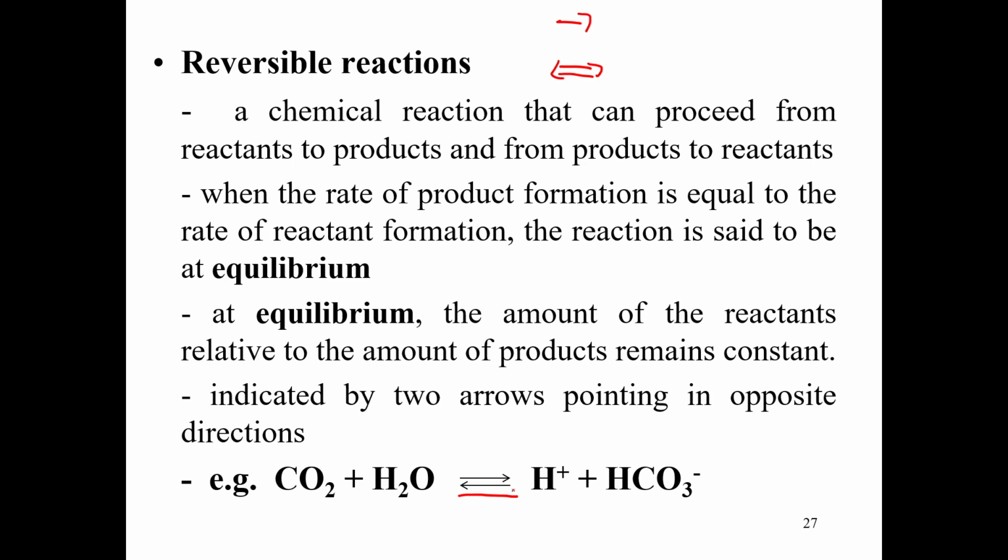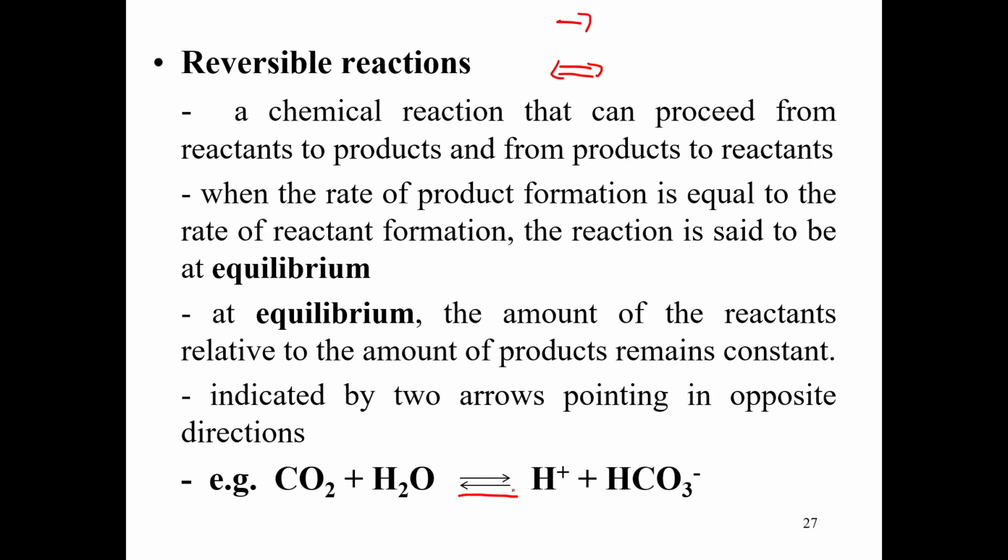Meaning there are no more additional products or additional reactants formed. It does not mean that they do not react anymore. It just means that they react at a rate that balances each other out. So this is called your equilibrium.